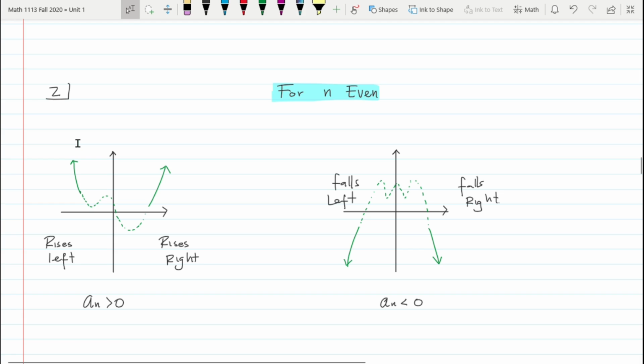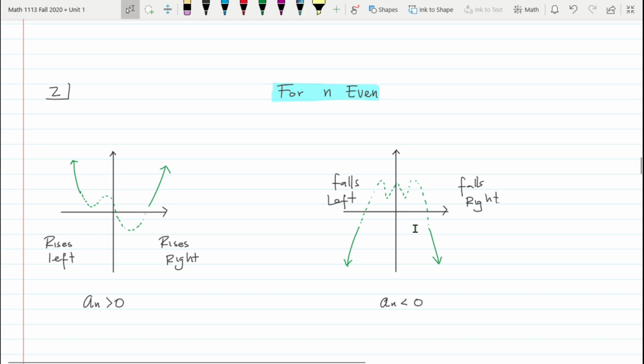The left leg rises, the right leg rises. In the middle, it doesn't matter what's happening, right? It can be power 2, 4, 6, 8, 10, 12, 20, right? Any even number you can think of.